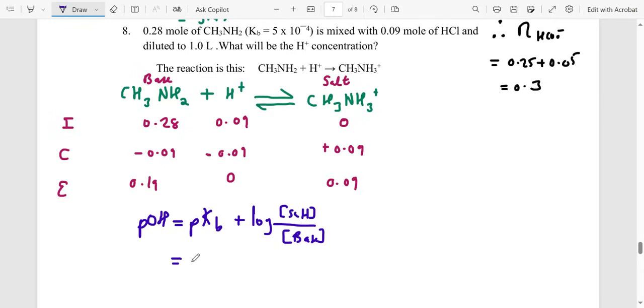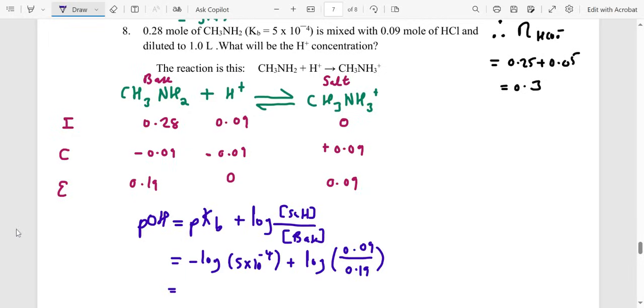So this is going to be negative log Kb, which is 5 times 10 to the power negative 4, plus log the salt concentration at equilibrium, 0.09, and then the base is 0.19.